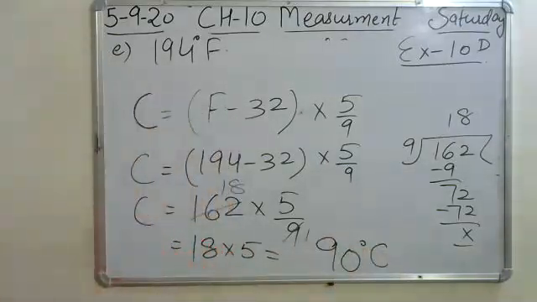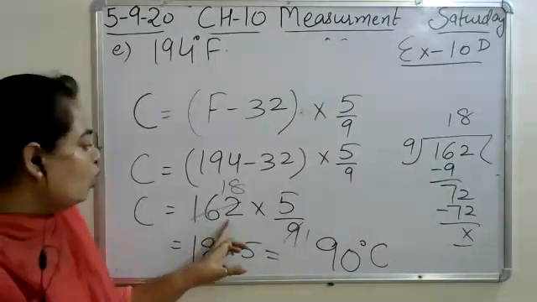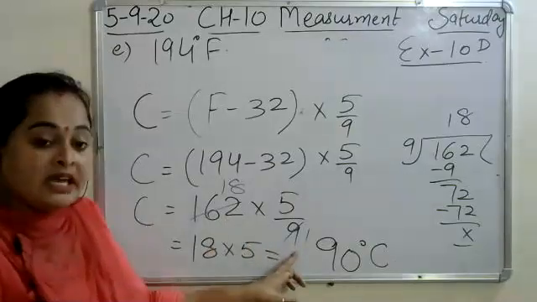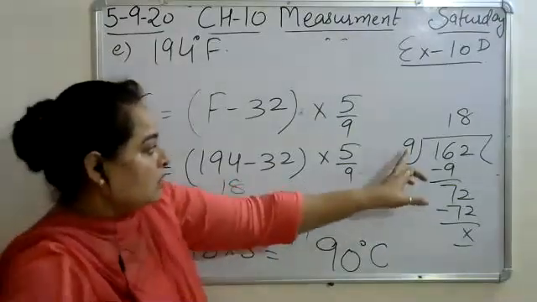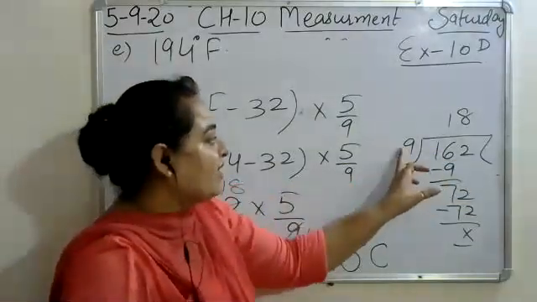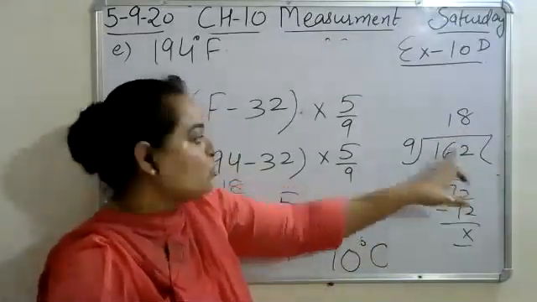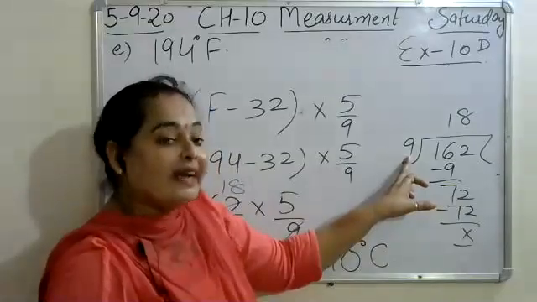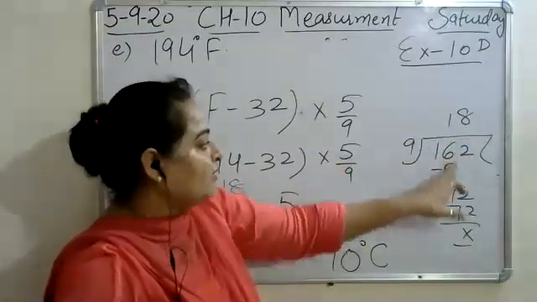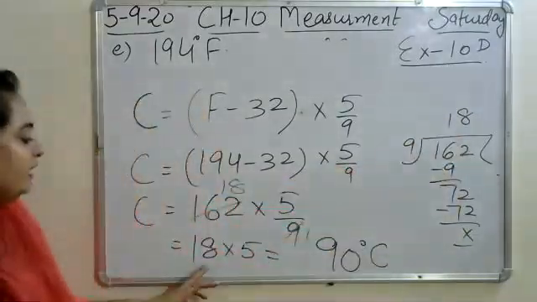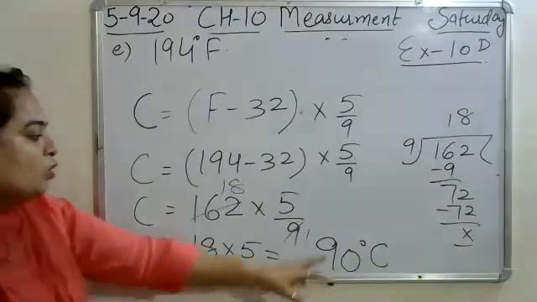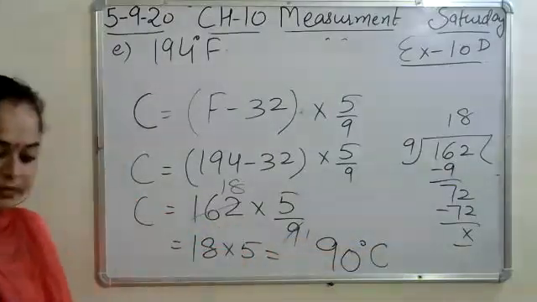So note down. So this is the way to solve the sum. 162 is cancelled by 9. Look here. 162 divided by 9 will give you 18. So after division, 18, and 18 multiplied by 5 is equal to 90 degrees Celsius.